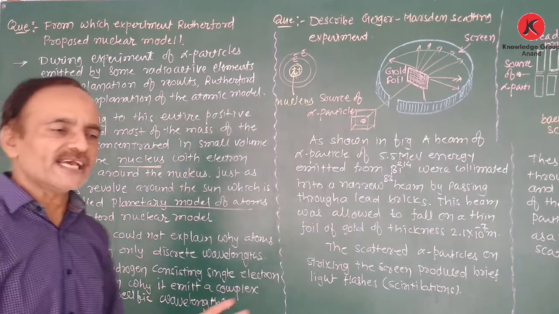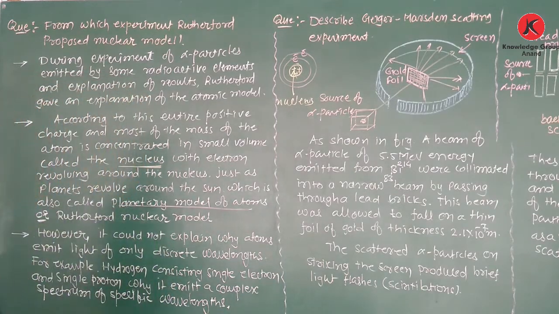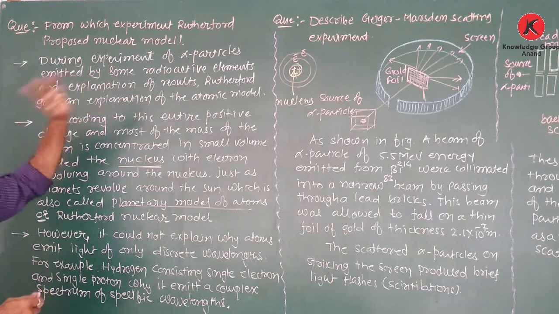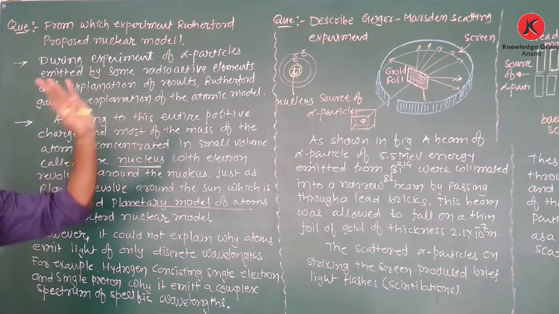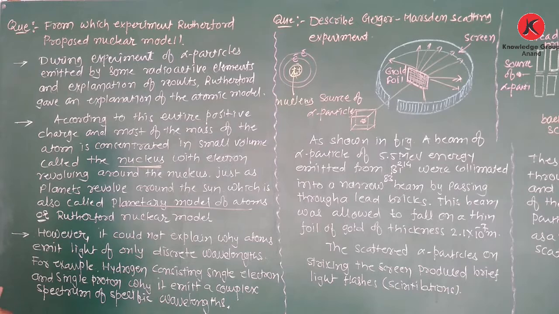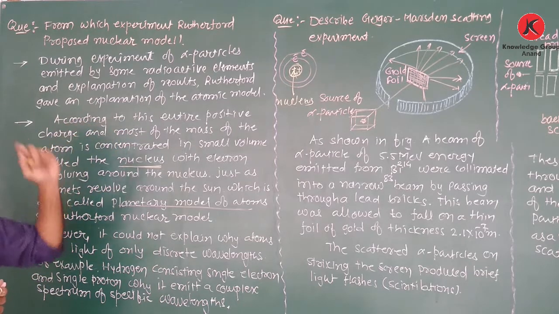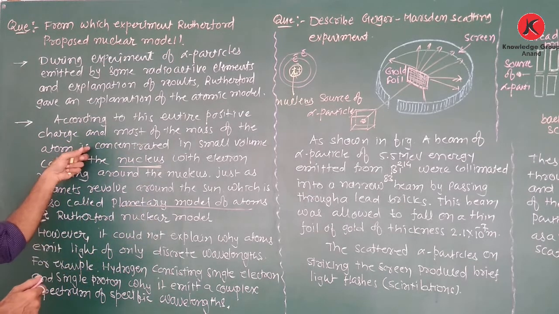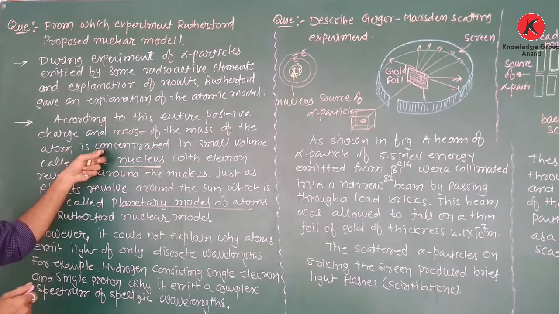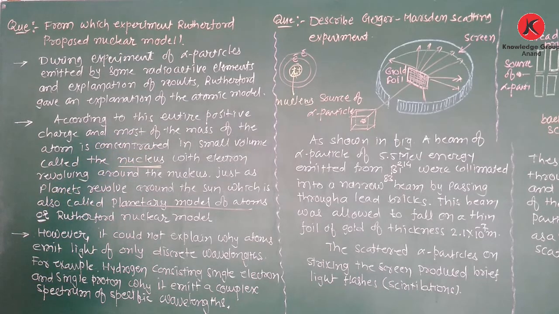Again, during the experiment of alpha particles scattered by some radioactive element, and the explanation of results, Rutherford suggested the atomic model. According to this explanation, the entire positive charge and most of the mass of the atom is concentrated in a small volume.